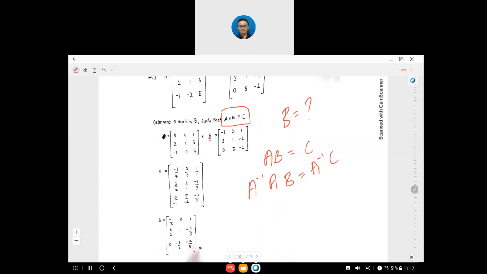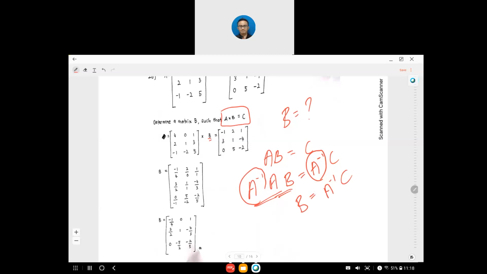Faham tak? Maksudnya kita darab A inverse for both sides. So kita tahu A inverse times by A akan dapat identity. So akan dapat sini B sahaja. B equals A inverse times by C.